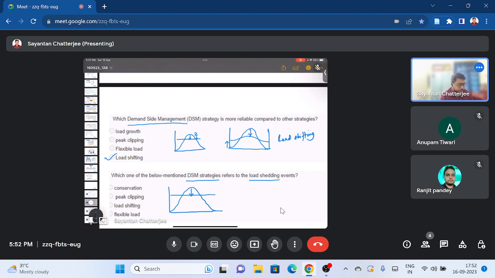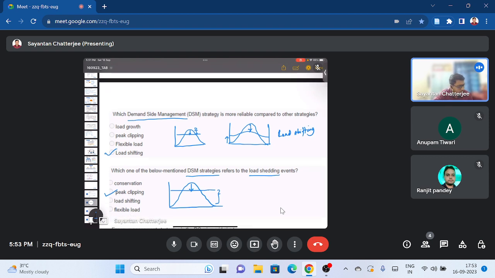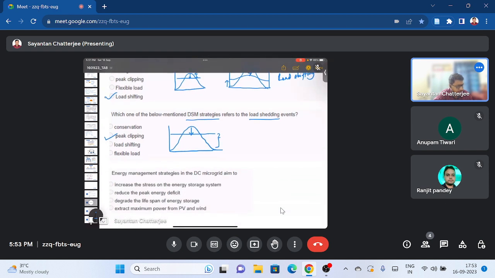Based on that, we can decide that no power should be delivered if this peak value goes beyond this point. That indicates peak clipping, because peak clipping is the main DSM strategy related to load shedding events.